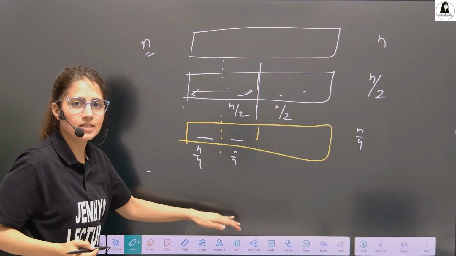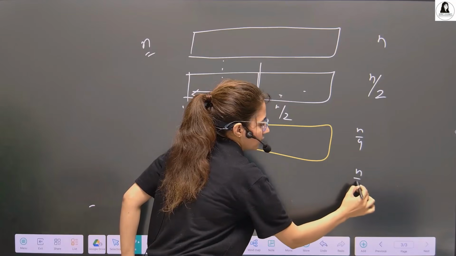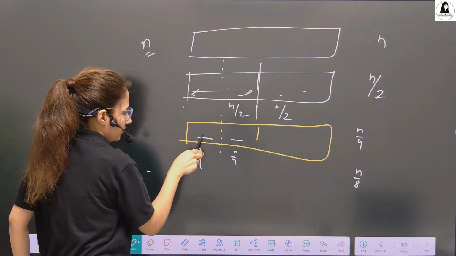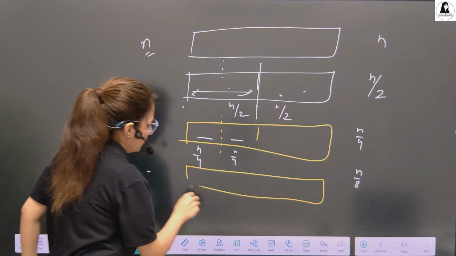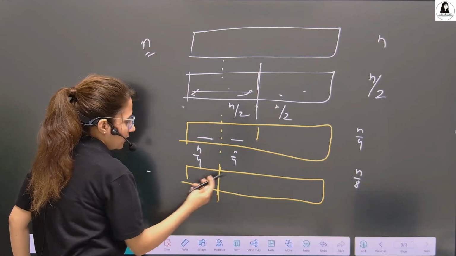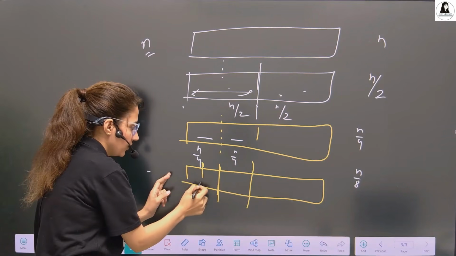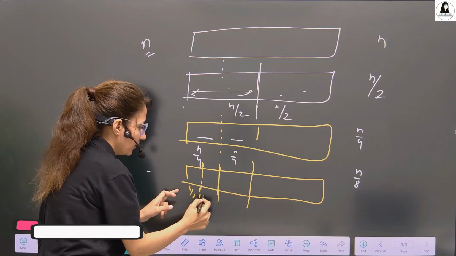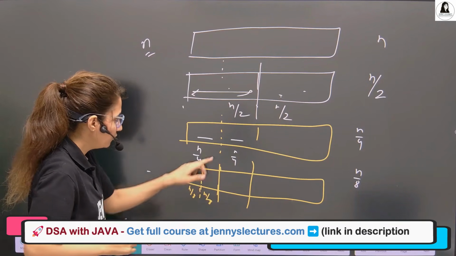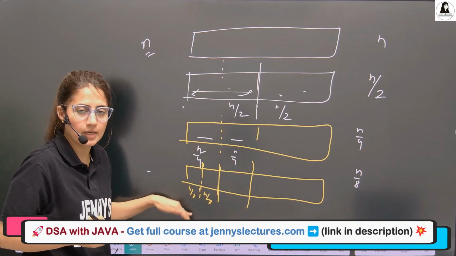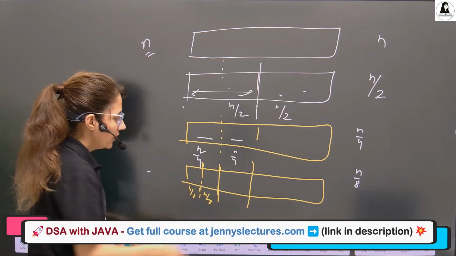In the next step, it becomes n by 8, because again we divide this into half. Suppose the element is there, so again we divide into half. N by 4 divided by 2 is n by 8. Like this we are going.